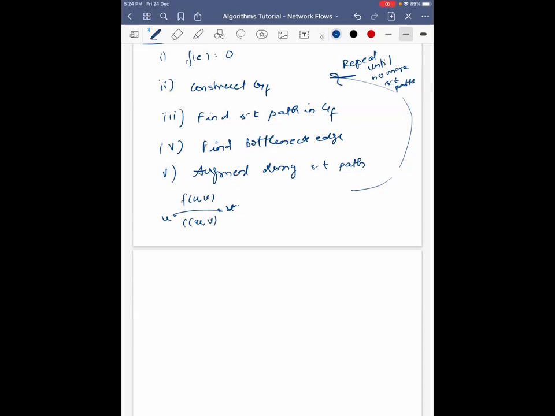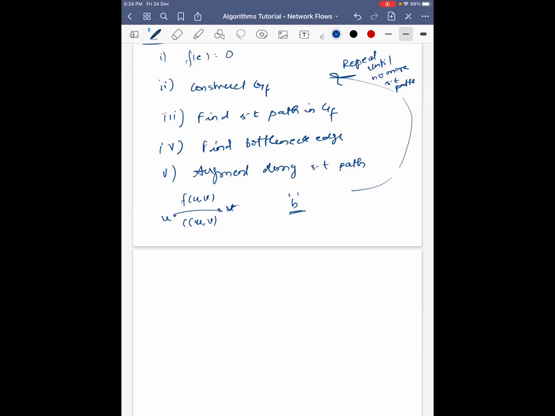Now you have found a bottleneck edge with capacity B. If this edge is a forward edge, that means I can push an additional B units of flow across this edge. So I'll increase the value of the flow by B.